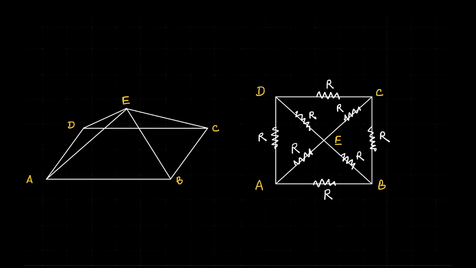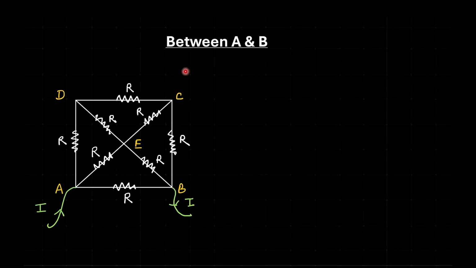Now this looks pretty easy, and you can see a lot of symmetry, and we can go ahead and find the resistance between the required points. So between A and B, these two are the points. I have sent a current I at A, and the current I leaves from B, and immediately we can see symmetry here.